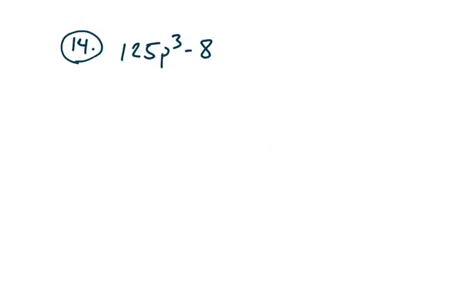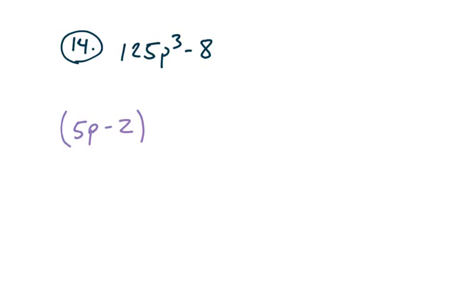Okay? Moving right along. Again, this one you should be able to do on your own, so pause the video, see if you can. I'm going to assume that you did so. So we're going to take the cube root of both of these. We're going to get 5p minus 2. Hopefully in time, too, you are becoming more and more aware of cube roots. And what I would do is create a little list as they pop up, write them down.